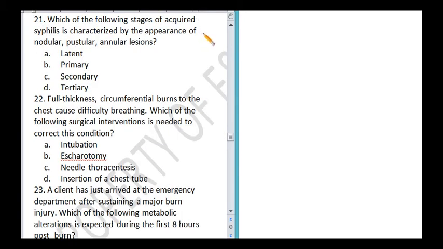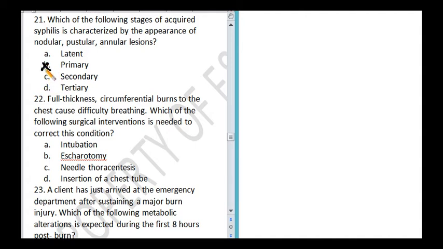number 21. Which of the following stages of acquired syphilis is characterized by the appearance of nodular, pustular, annular lesions? A. Latent, B. Primary, C. Secondary, or D. Tertiary. So let's eliminate options.